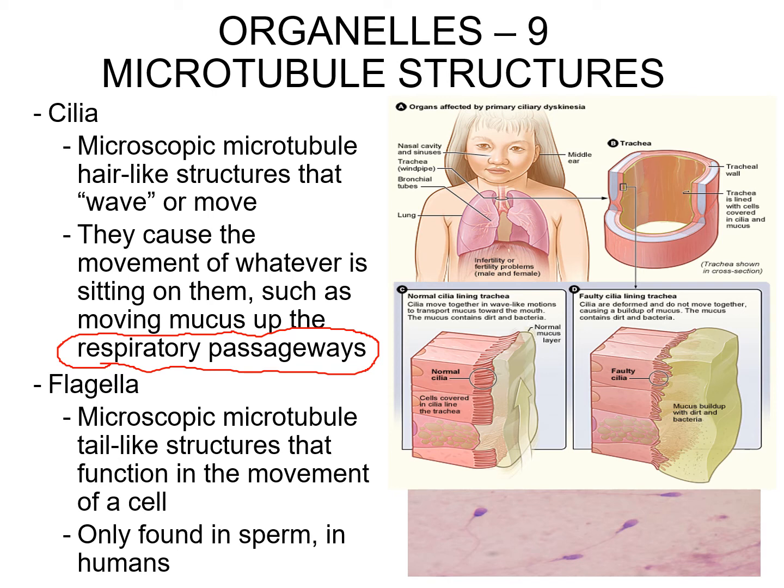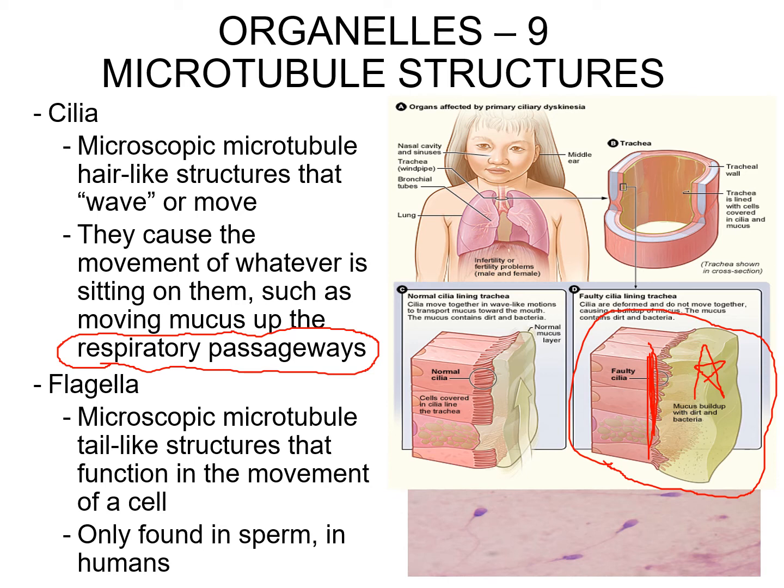In the picture on the bottom right, we're getting a lot of mucus and bacteria and buildup on top of the respiratory tissue. That causes a lot of infections, and that can lead to pneumonia and more serious things, unfortunately.